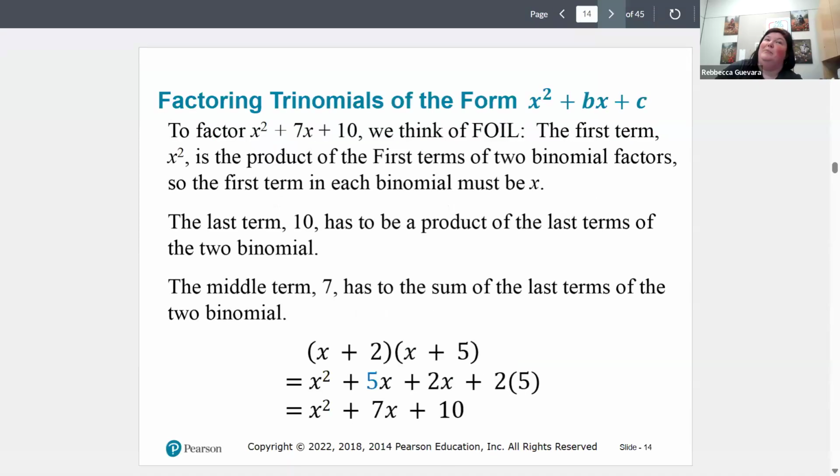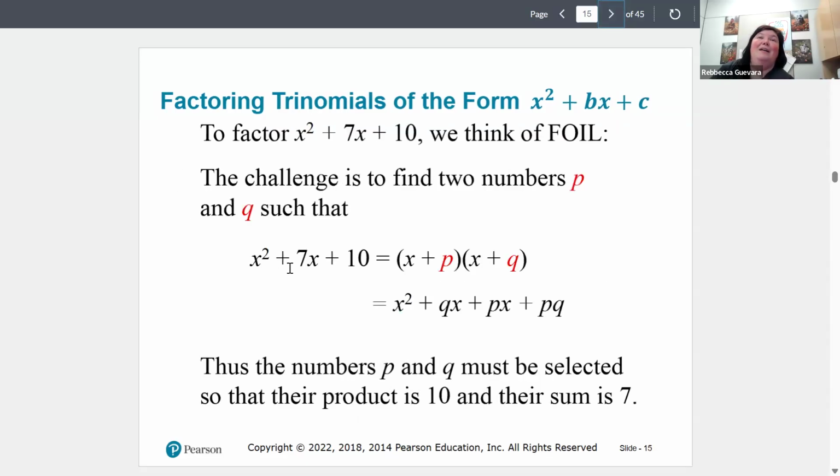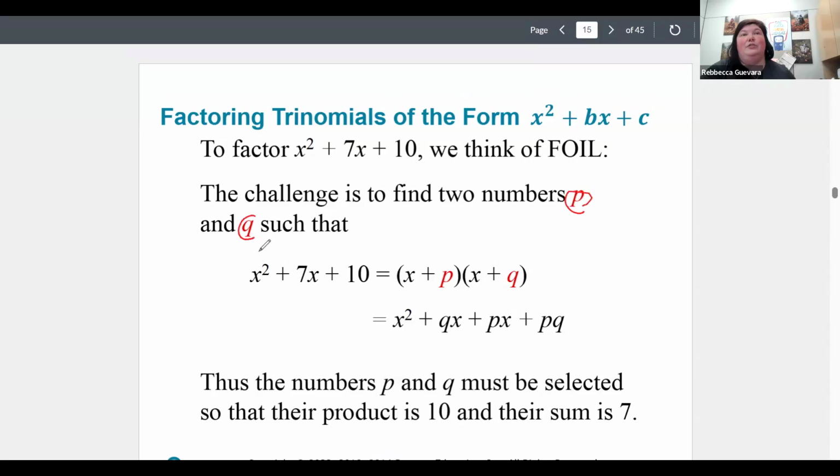So we're going to do our best to simplify it. If we're trying to reverse a FOIL, let's say we have x squared plus 7x plus 10. We know that there are two numbers, and we're going to call them p and q because we don't know what they are. Because the first term was x squared, the only thing it can possibly break down to is x and x as my two factors.